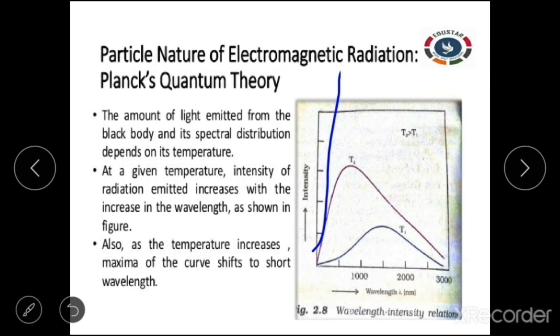Planck was the one who brought a brilliant idea to resolve this through black body radiation. He tried to find out the intensity and wavelength, so he drew a plot between the intensity and the wavelength of a black body. This is called the black body spectrum.